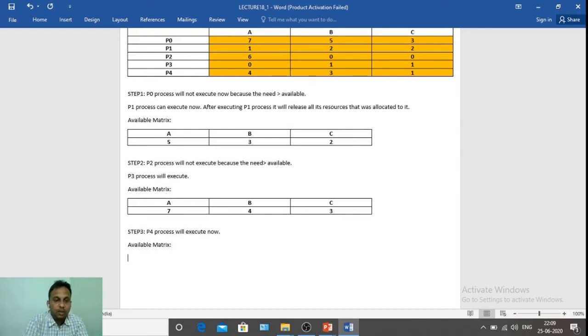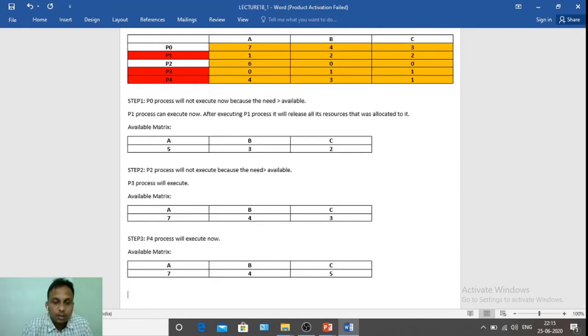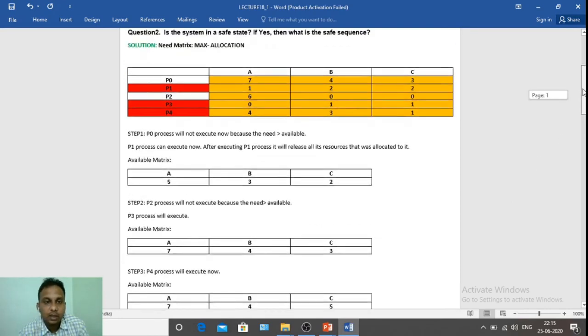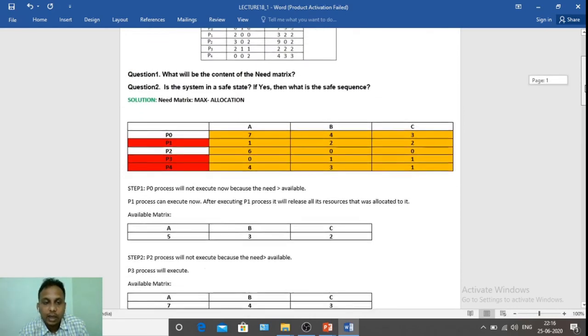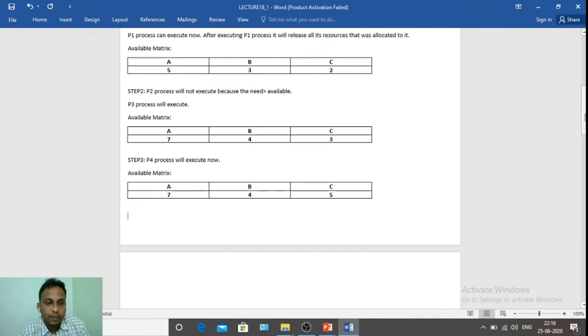After executing P4, the available matrix is 745. So let's check P0 again. P0 requires 743, and the available is 745.